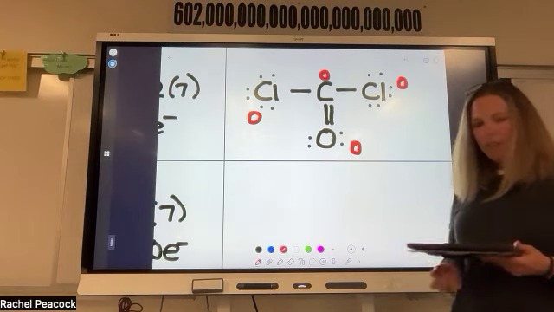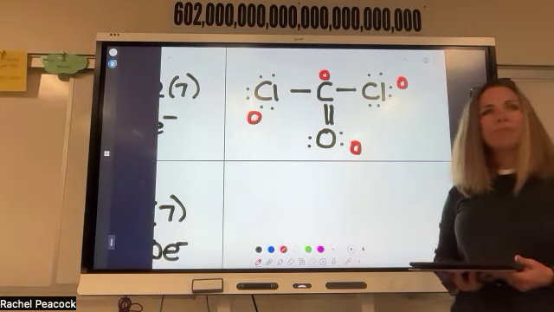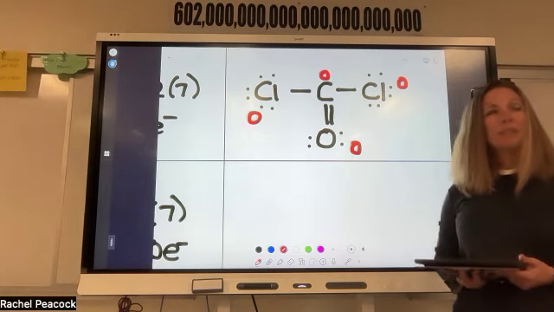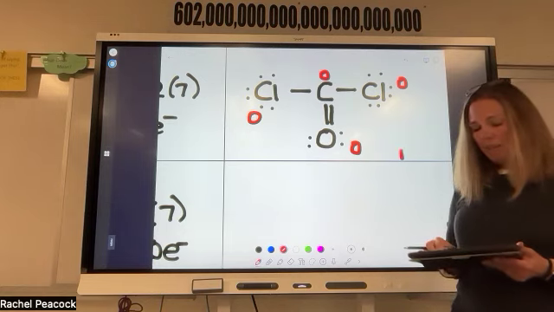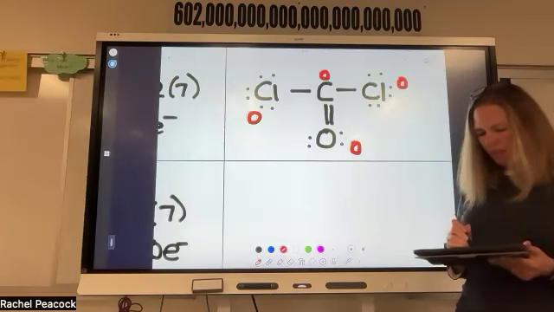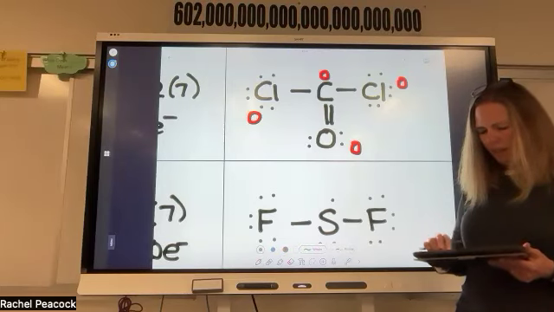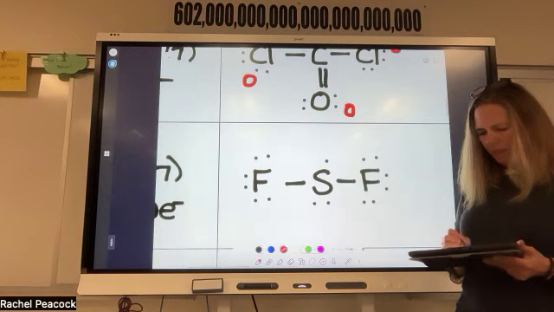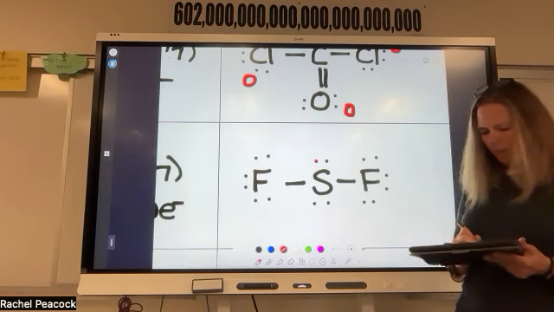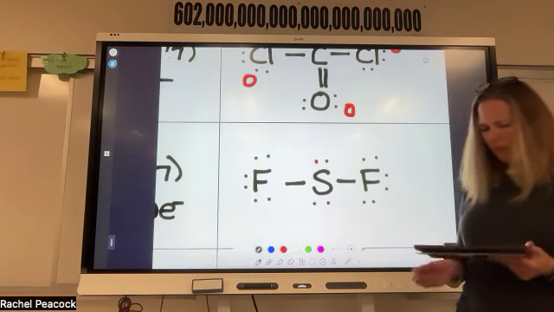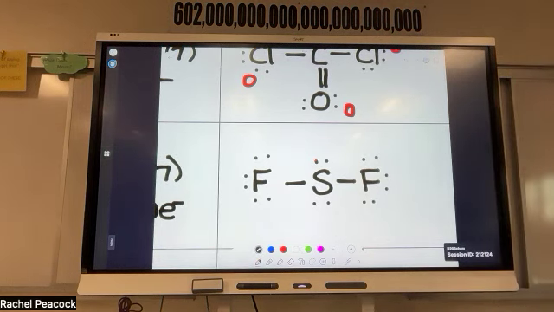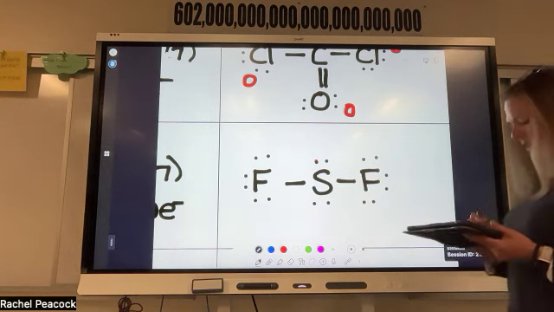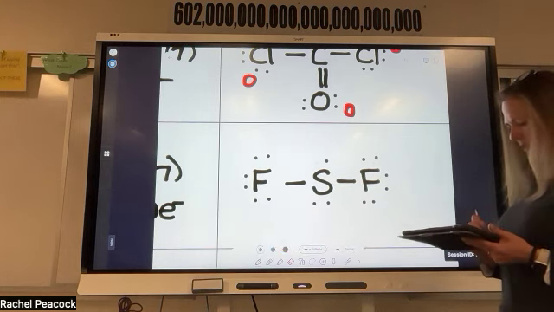How many valence electrons do you have for SF2? That's the next one, right? How many valence? 20. So that should have looked like that, and I erased a dot by accident.